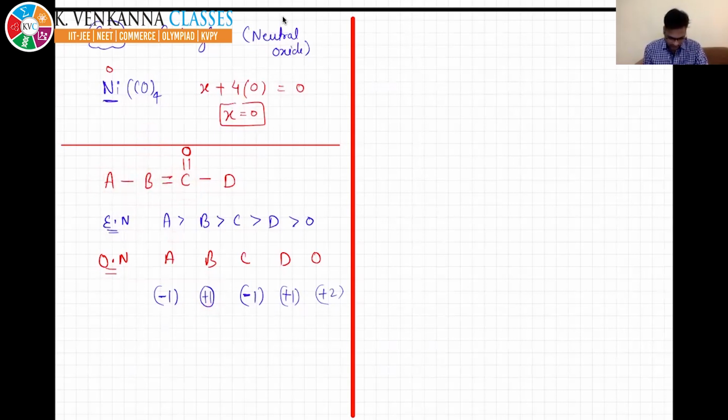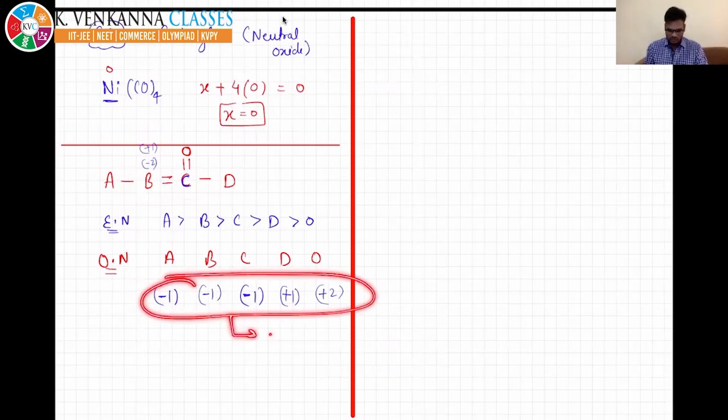I think I have written wrong for B. B is having a bond with C, so it will get -2 from here and +1 from A, so it will get -1. Sorry. Total oxidation number must be 0. The summation must be 0. Okay, so you can revise after the class. Now let us move on.